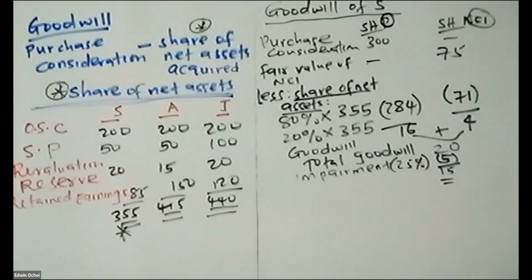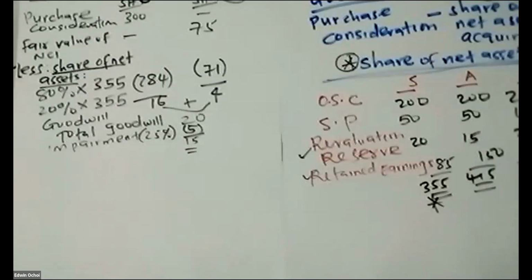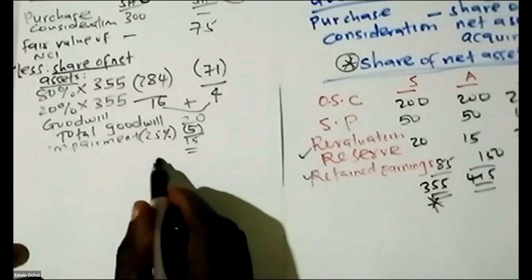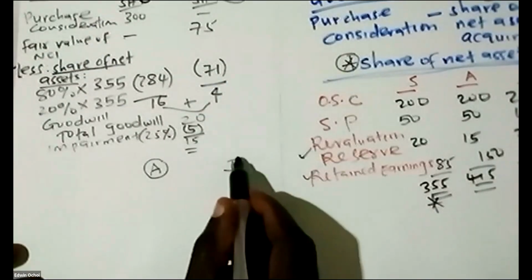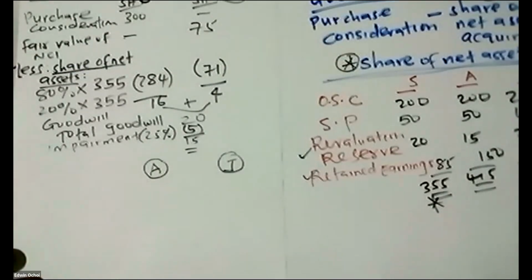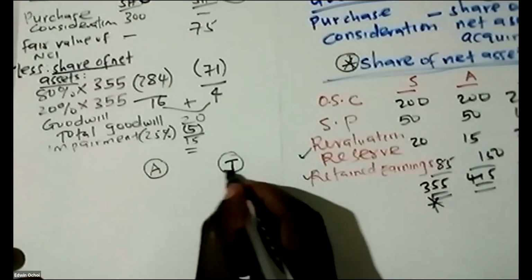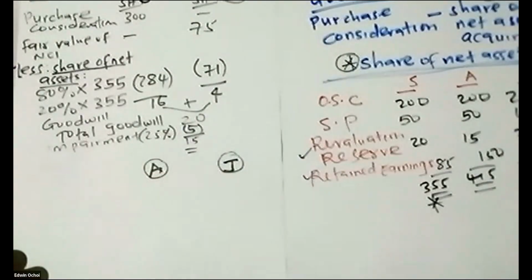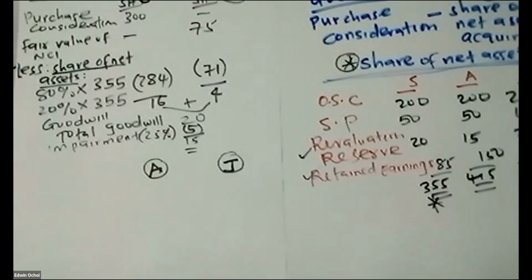So let us do the goodwill of A and J. A is an associate, J is a joint venture. For those, you don't even think of the method to use, because obviously it's partial. So I can do it once: goodwill of A and goodwill of J. In associates and joint ventures there is no element of NCI.